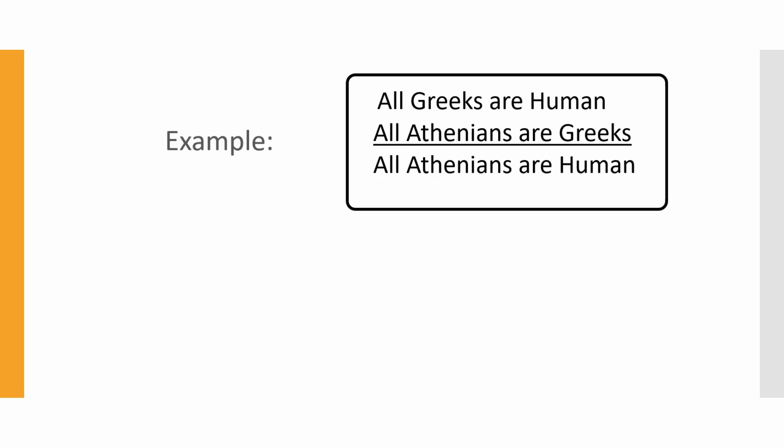If we look at this example, all Greeks are humans, all Athenians are Greeks, therefore all Athenians are humans. Notice first of all, we have a nice AAA1, which as we'll see is the textbook classic example of a perfect syllogism. This is a valid form of argumentation.